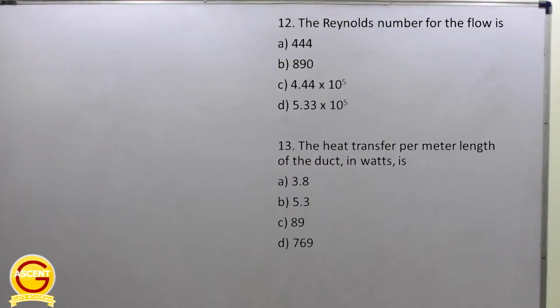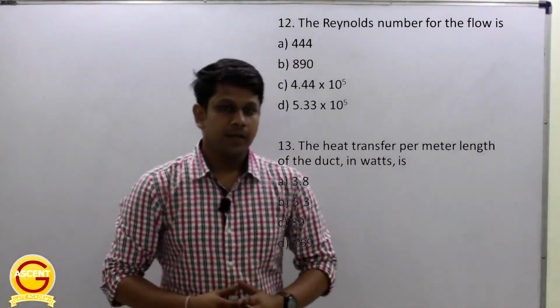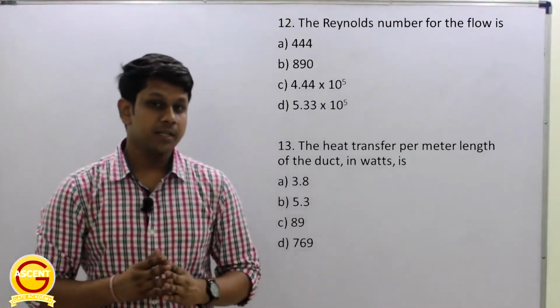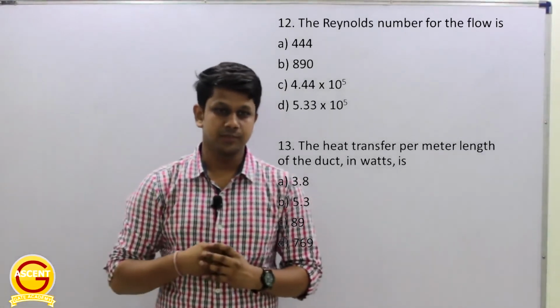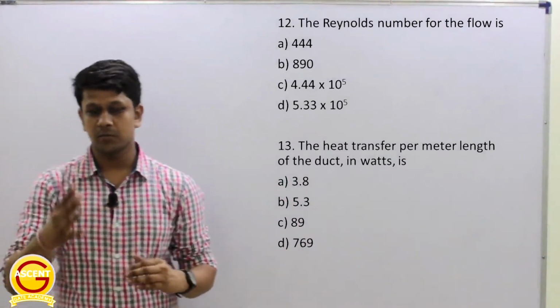He has given 4 options, and in the second part he is asking for the heat transfer per meter length of the duct in watts. This is a very important problem. He has given two different Nusselt number equations, one for laminar and one for turbulent.